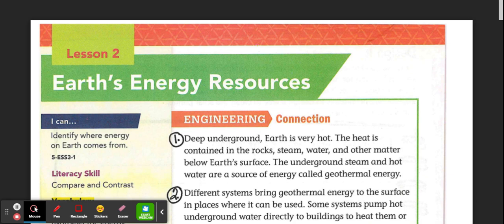So our building and our phone, they are not consumers and they don't eat and they don't produce their own energy. So where does that come from? We get it from the earth, and the earth gets it from basically the sun.